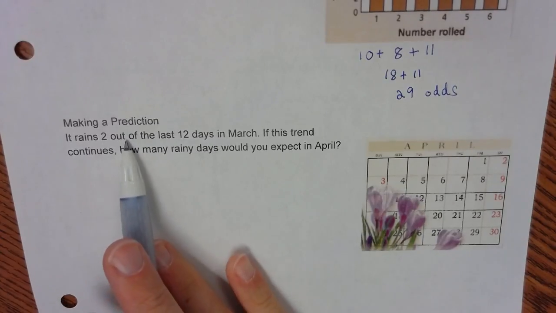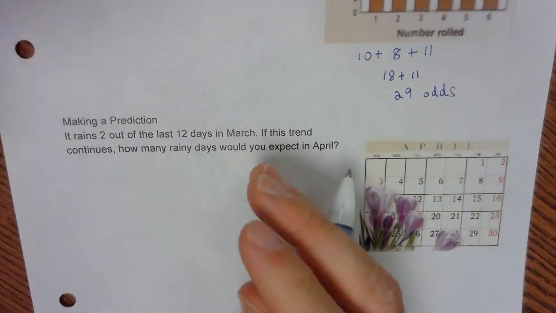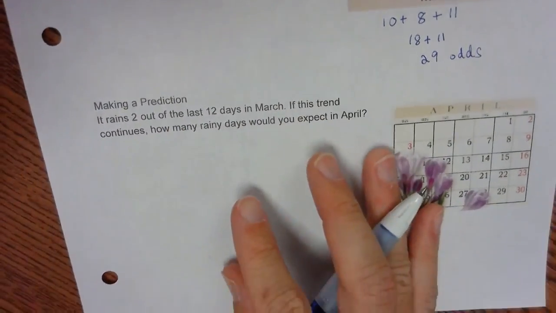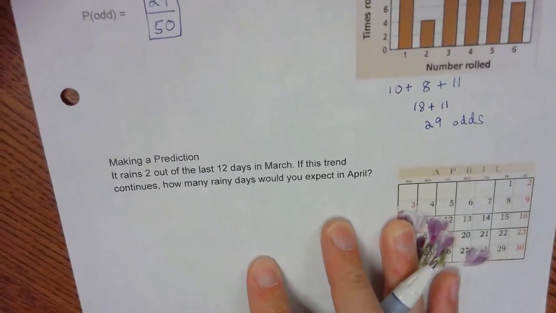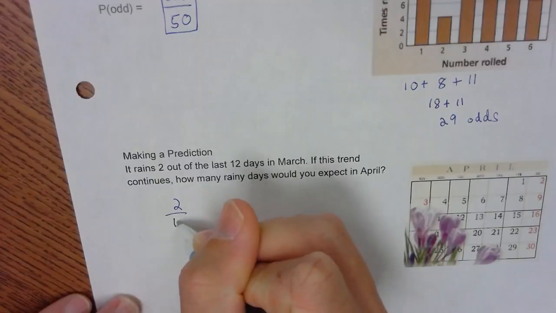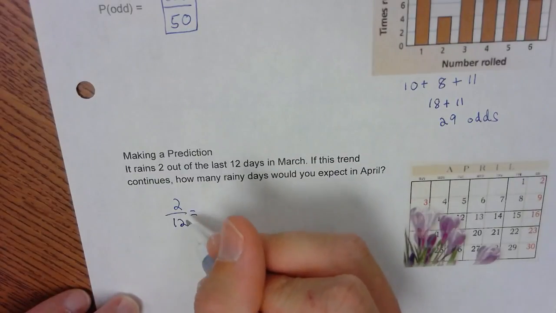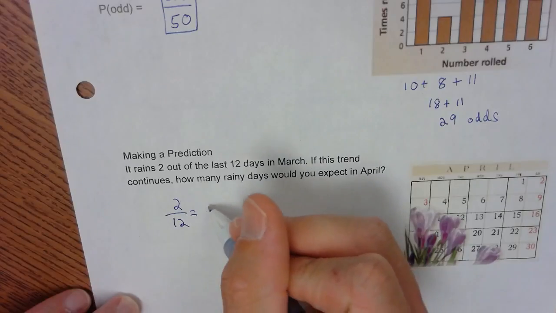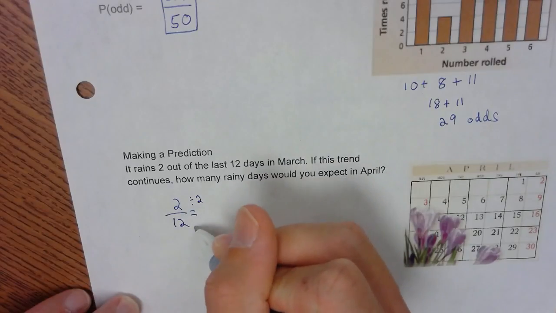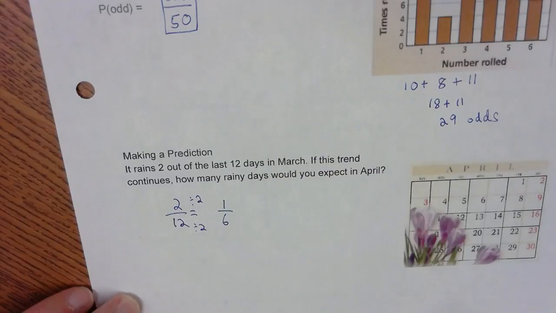If it rains 2 out of the last 12 days, when you hear 2 out of 12, we should hopefully be thinking of a fraction. I can write 2 out of 12 as 2 over 12. Before I even start, I'm going to simplify this to make it easier on myself. I can divide both of those by 2, and I get 1/6.